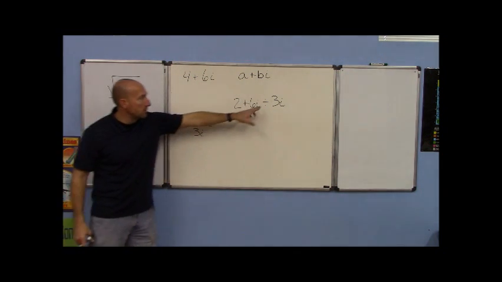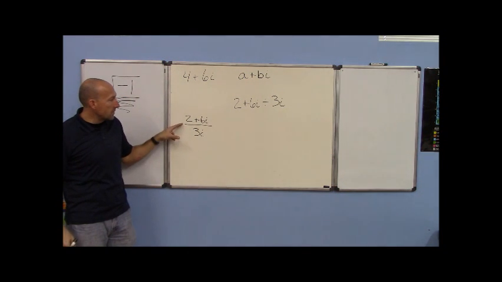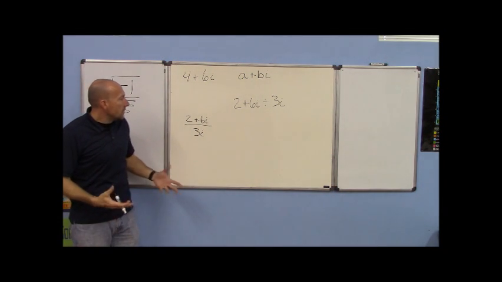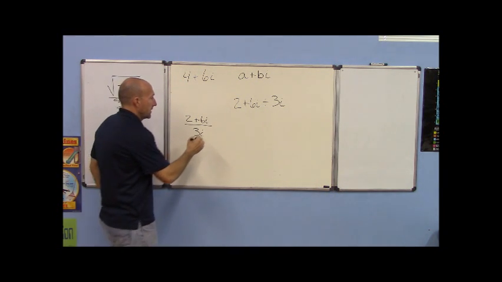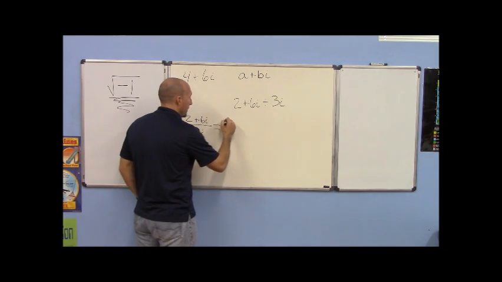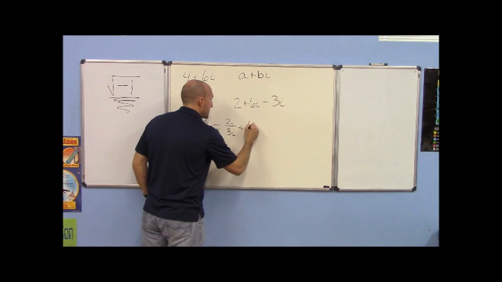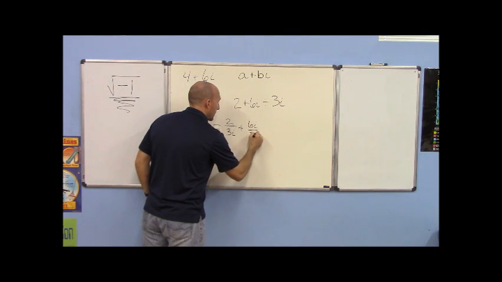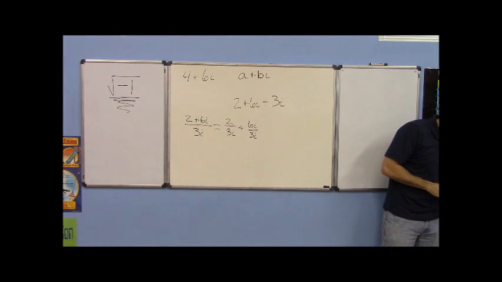You can use this symbol, you can use the divided by symbol, or you can use this line. So now, what we can do is a couple different things, but what we're going to do is break this up. We have 2 over 3i plus 6i over 3i.